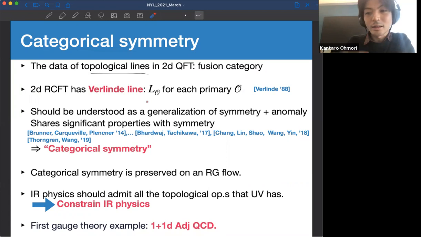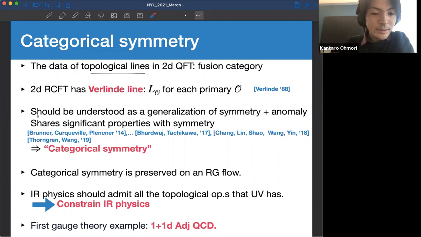In particular, it's not necessarily invertible. That's an important class of examples of fusion categories, and that has been known for decades, of course.